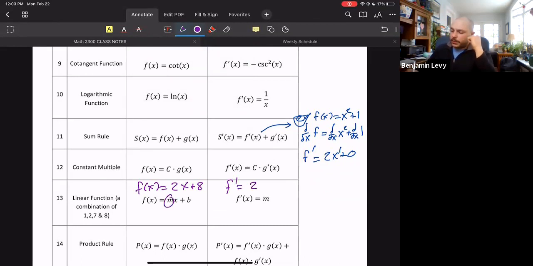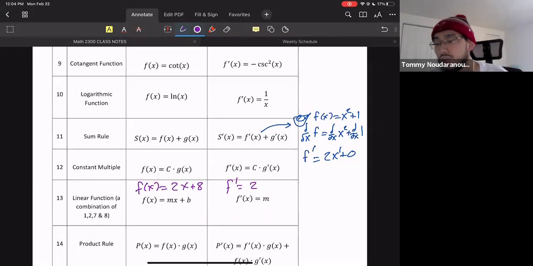It just tells us that whatever the slope is, you get that as the derivative. Could someone explain why that makes sense? Practically speaking, why is it that the derivative of a line is just the slope? This is going to stay the same because regardless.